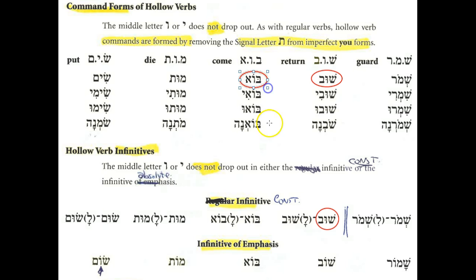This is true all the way along. So context is going to be the key determiner of whether we're looking at an imperative or an infinitive construct.